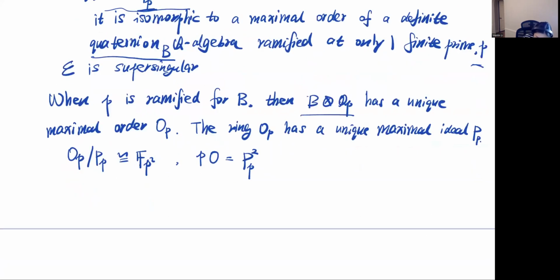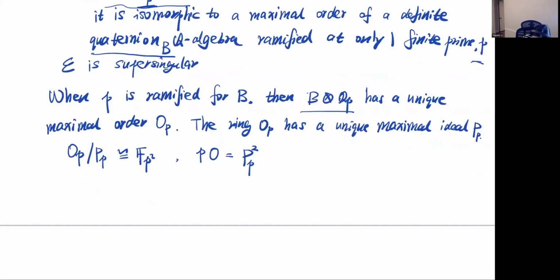Another thing, as we discussed, is that B tensor Q_p is not isomorphic to the matrix algebra. But if I take B tensor Q_p squared, then it is isomorphic to the matrix algebra.